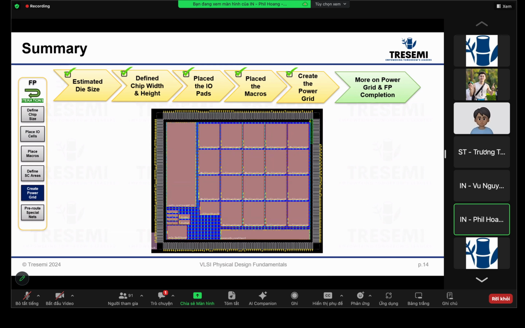Then in actual implementation, it could mean that we have to go back. So it's an iteration process. We might have to go back and do some fixing for the power grid if your power turns out to be a lot more. So we'll go over that.